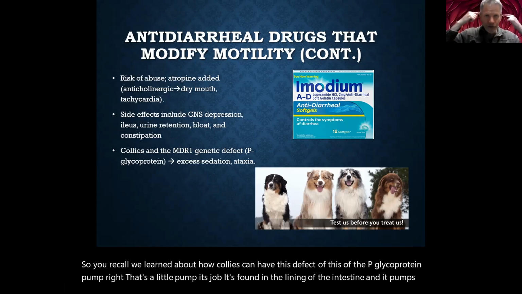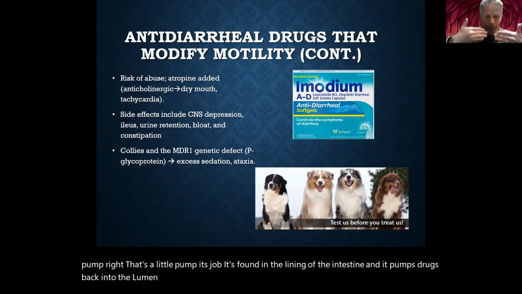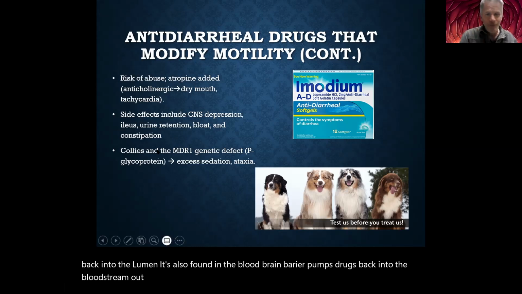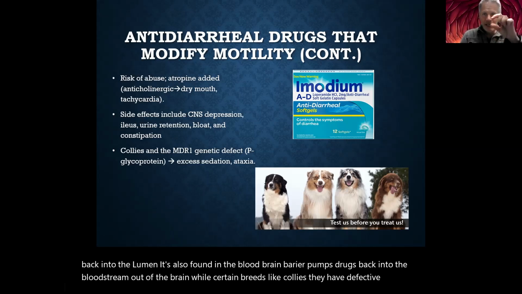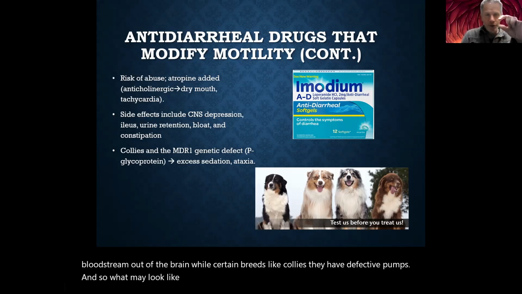It's also found in the blood-brain barrier, and it pumps drugs back into the bloodstream out of the brain. Well, certain breeds like collies have defective pumps. And so what may look like a small dose or a normal dose becomes an overdose in these patients.